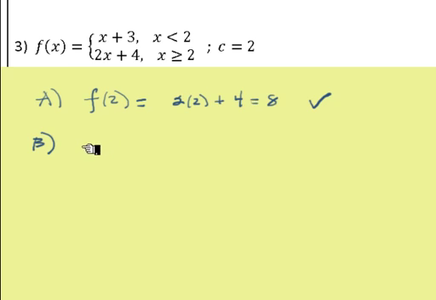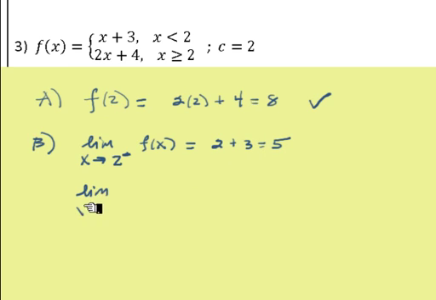Let's look at the limit as x goes to 2. Since this is piecewise, we have to take the limit as x goes to 2 from the left and the right. The limit as x goes to 2 from the left, plug in here, and we have 2 plus 3. We have 5. And how about the limit as x goes to 2 from the right?